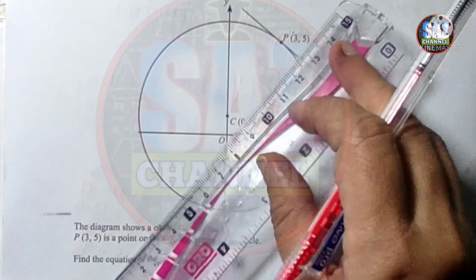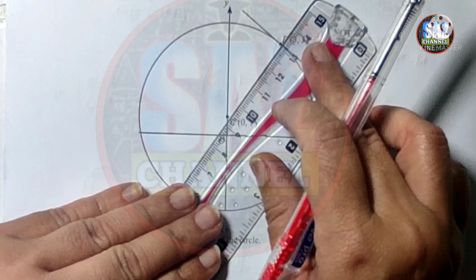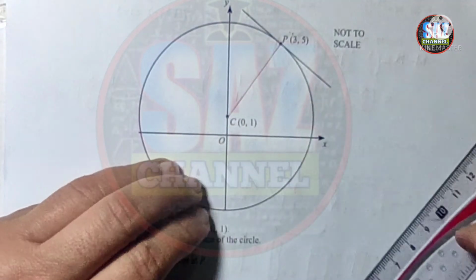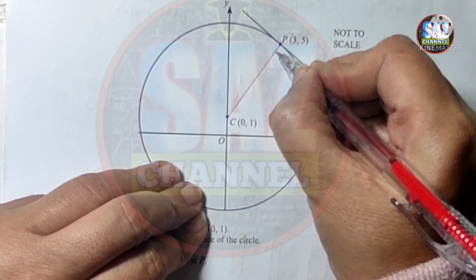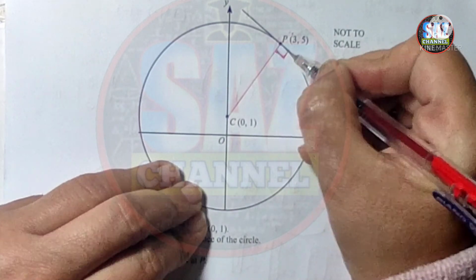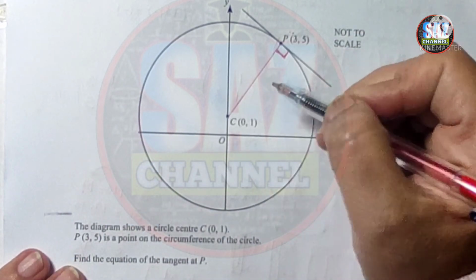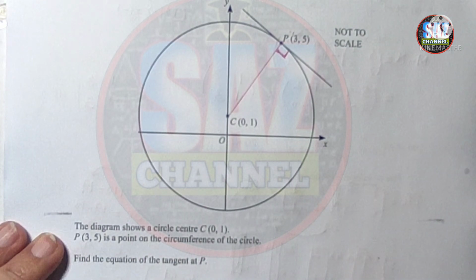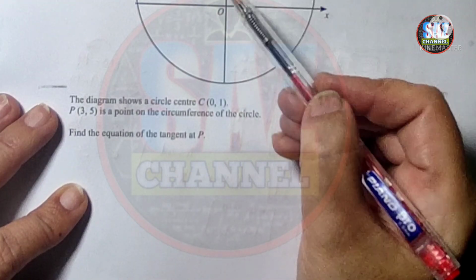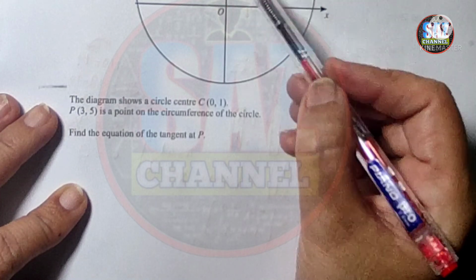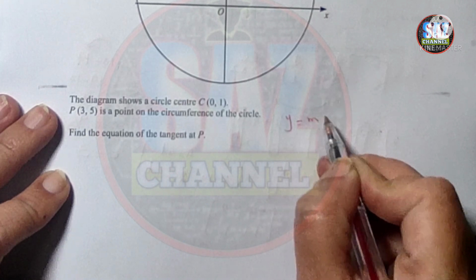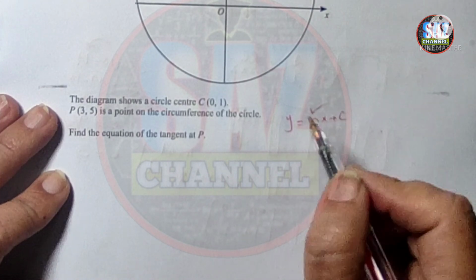So first I have to join this point C to P, and at this point we will have a 90-degree angle. So the tangent will be perpendicular to this line. We know the formula for the gradient, and we have 2 points with us. First we'll find the gradient of the line which is passing through C and P. For the equation of a line, y equals mx plus c, we need to find m first.